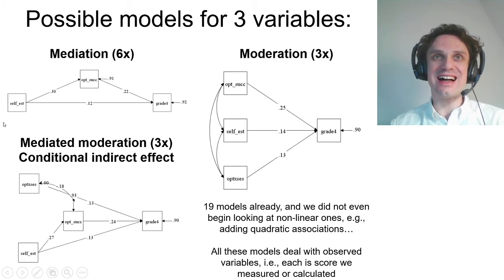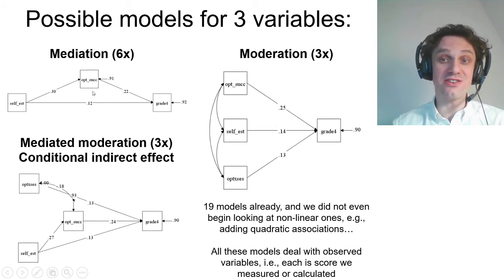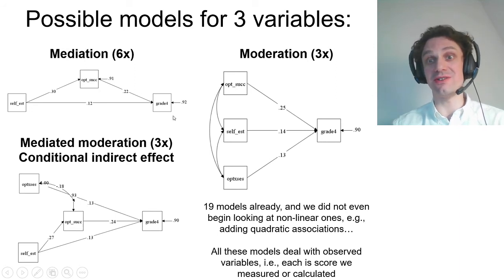Mediation is a type of model where we have a theoretical expectation of a causal sequence. There is a variable x, which is a cause, then there is a variable y, which is an outcome, and there is a variable m, a mediator, which is a consequence of this cause and a cause of this outcome.